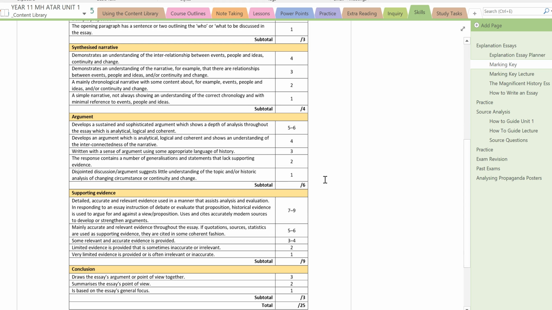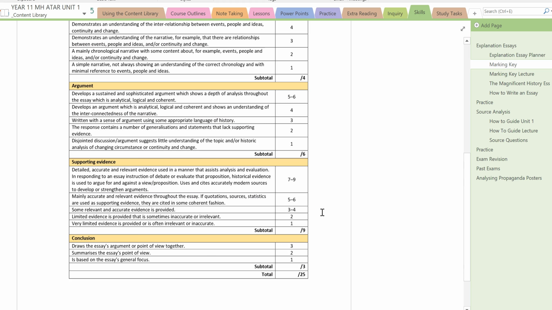What you're going to notice here, the argument and the supporting evidence with 6 and 9 means a total of 15 out of 25. So really these two areas here are the most important. Everything else sort of works past that. And then we've got the conclusion, and that of course adds up to 25.